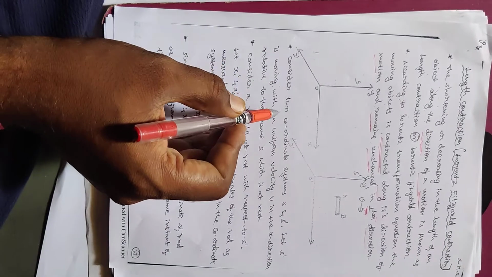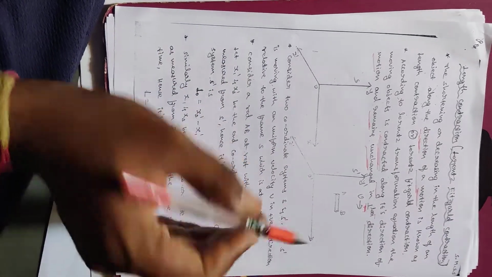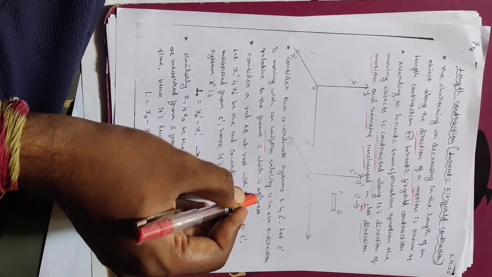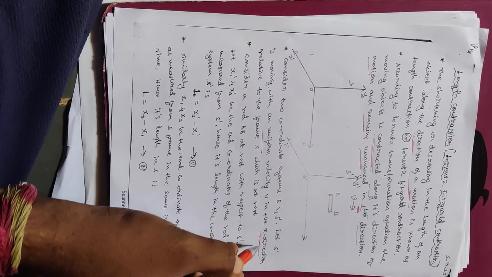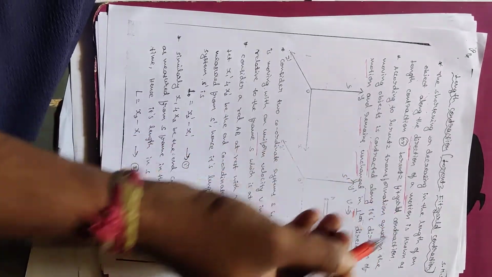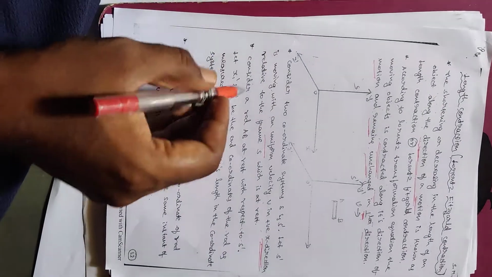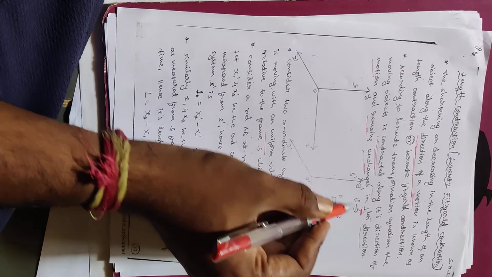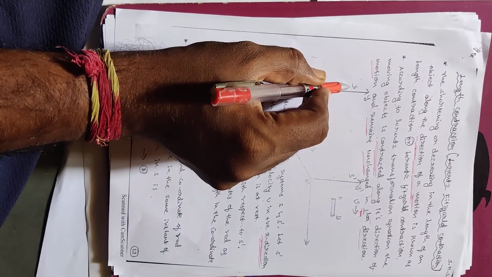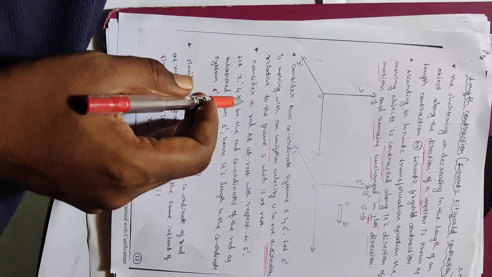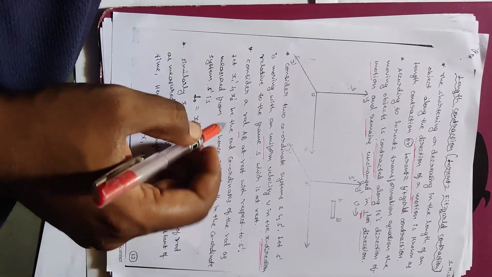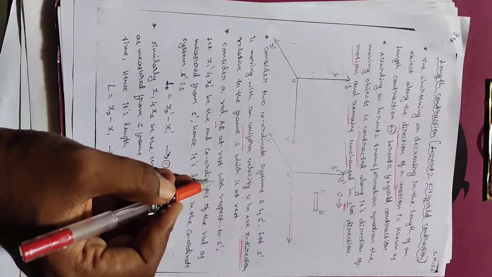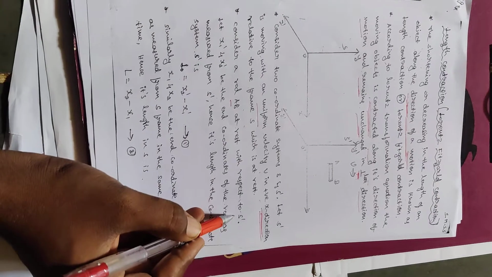Now consider two coordinate systems, S and S dash. Let S dash move with a uniform velocity v in the positive x direction relative to the frame S, which is at rest. Consider a rod AB at rest with respect to the S dash frame.